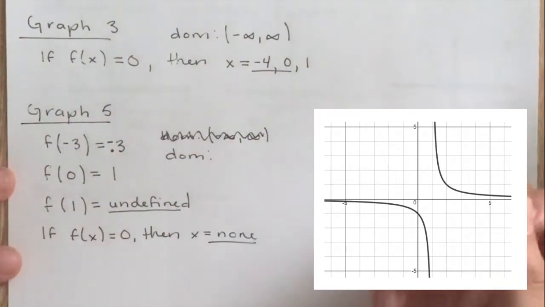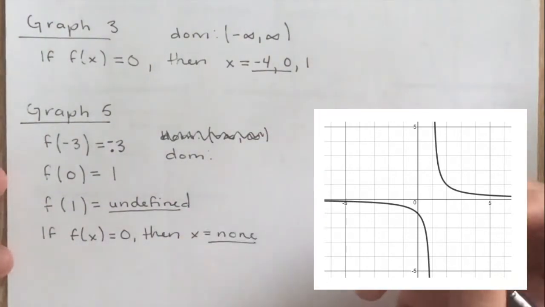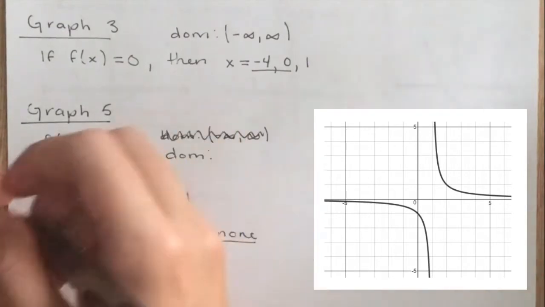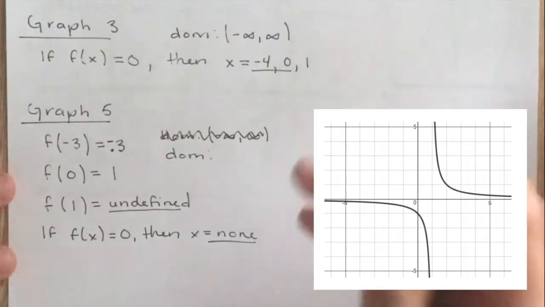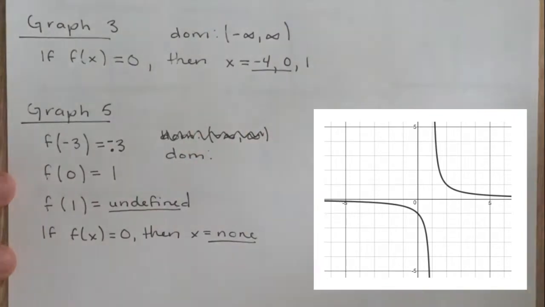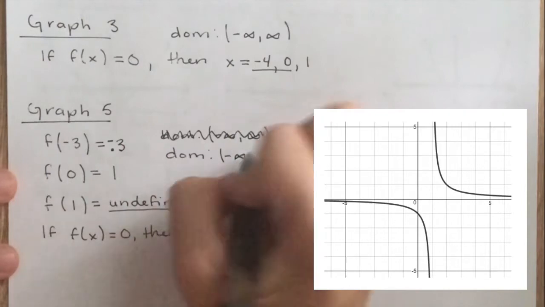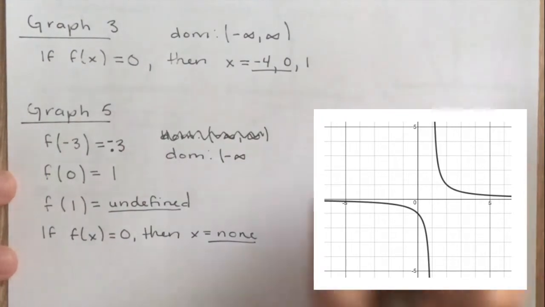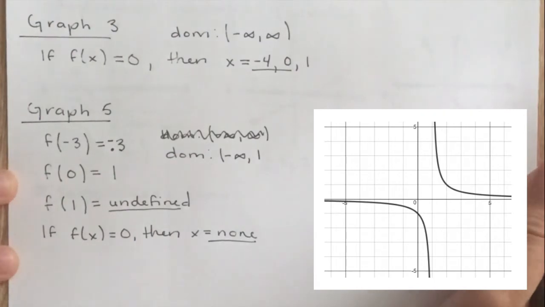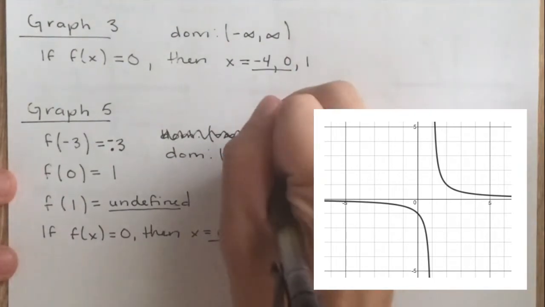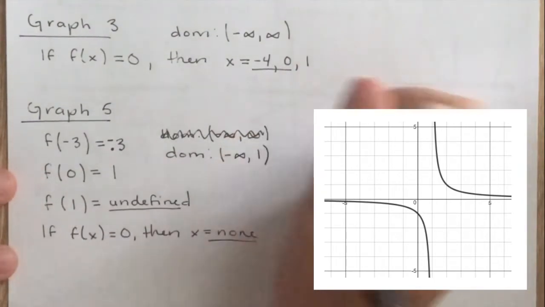So how can we write that? We want to write negative infinity all the way to 1, not including 1, and then 1 to infinity. We start that by writing parenthesis negative infinity, and then we go all the way up to 1. We don't want to include 1. To not include something, we use a parenthesis.